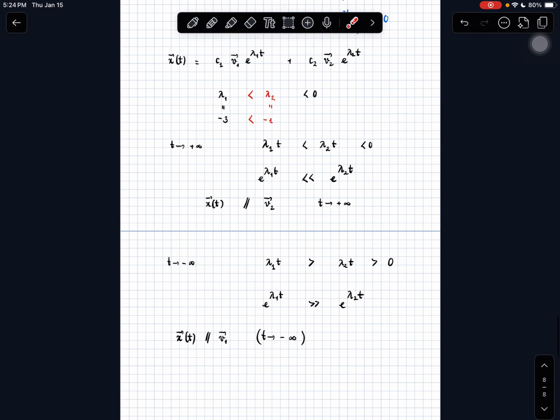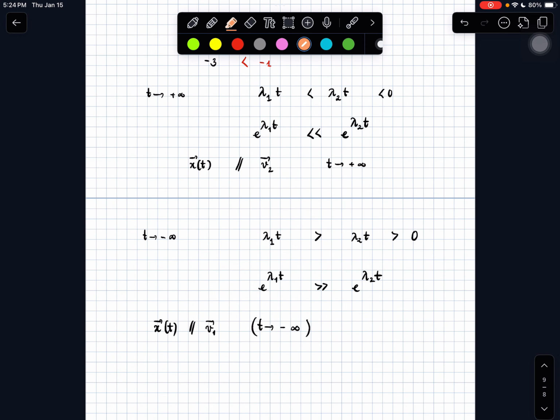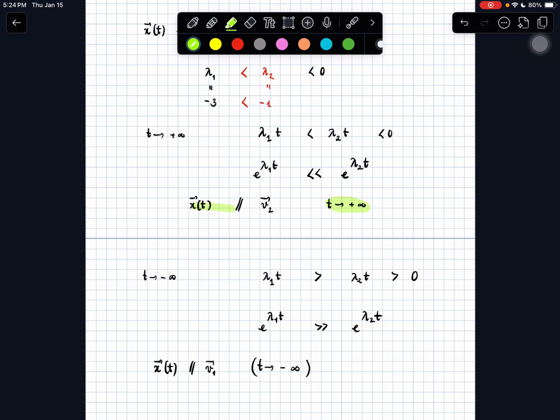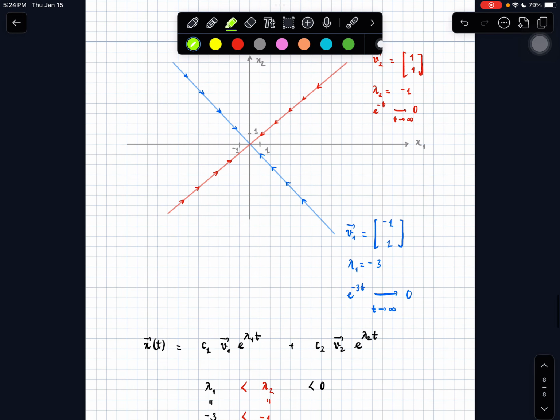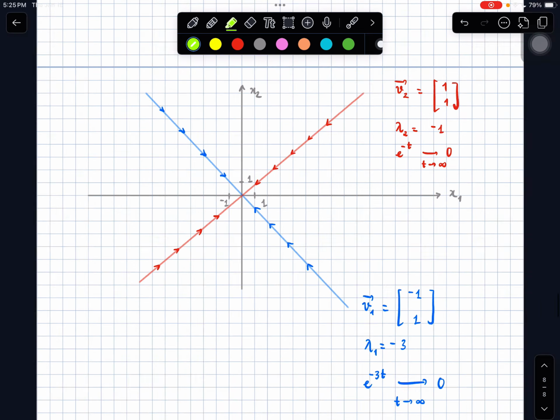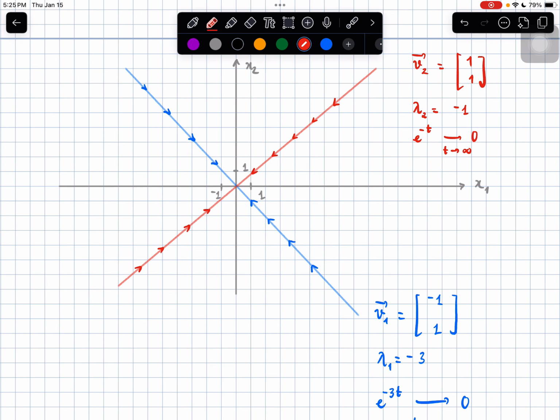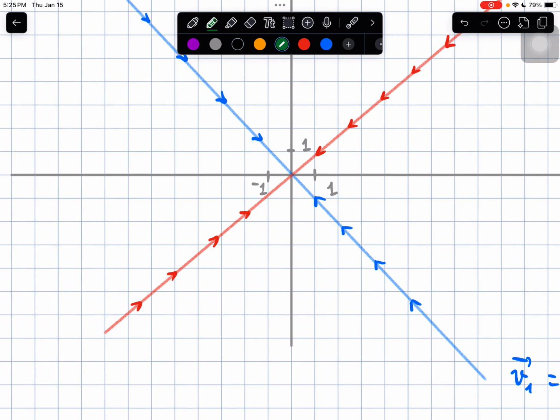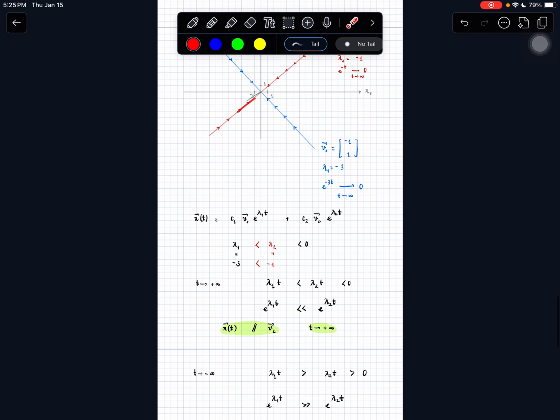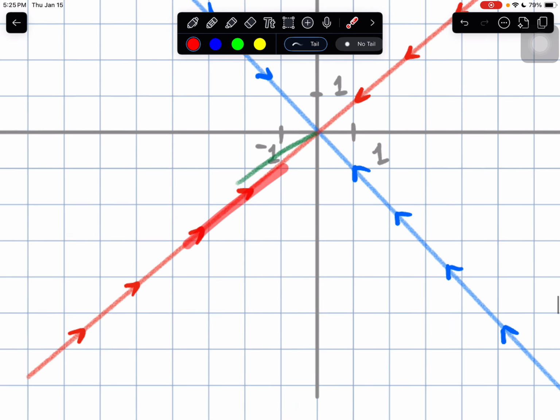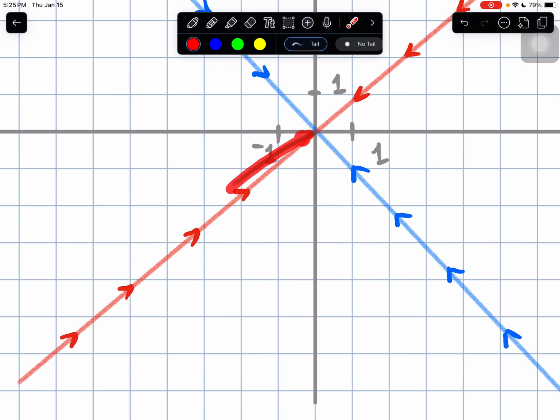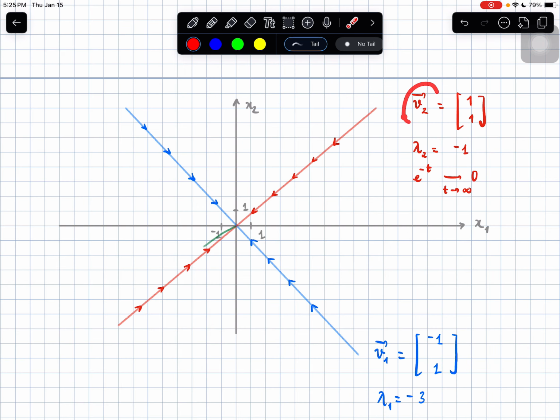So let's draw that. As t tends to plus infinity, the solution goes to 0, and it is parallel to v2. You don't see that directly because it goes to infinity here. It goes along the direction of v2.